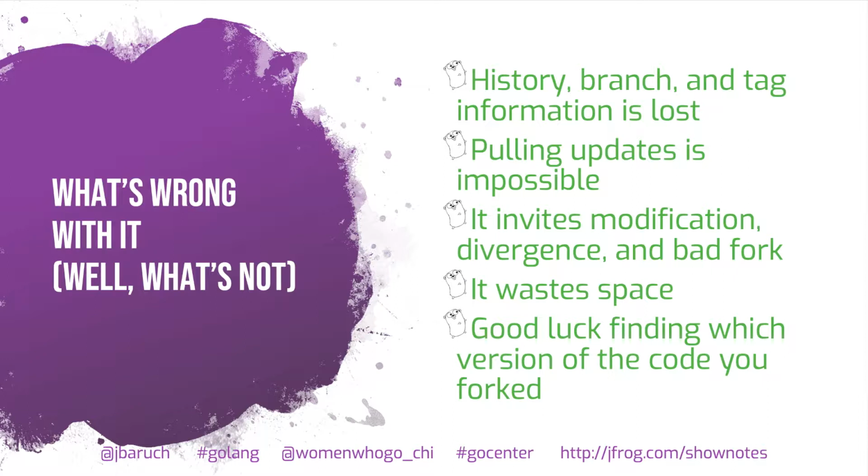Fighting all those was the purpose of all those dependency managers. They tried to track down, especially the last point, which version you actually forked, so you will have some type of control.